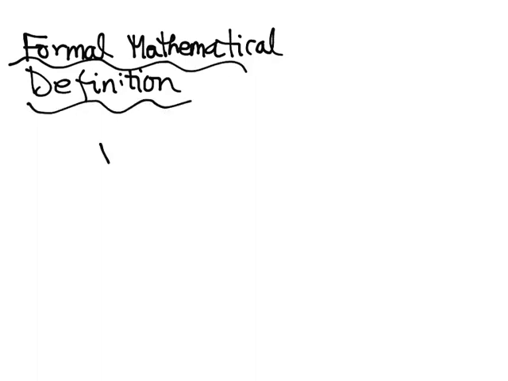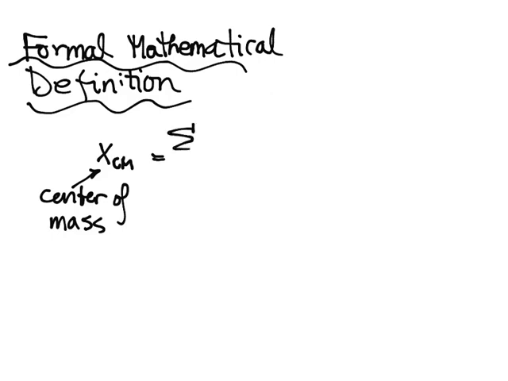And so the formal mathematical definition is that XCM, our center of mass, or the position for our center of mass, is equal to the sum of all of the parts of a system.